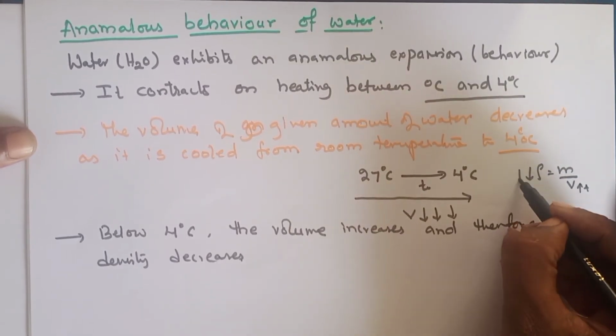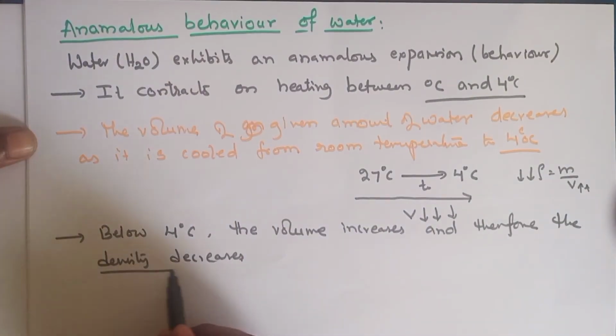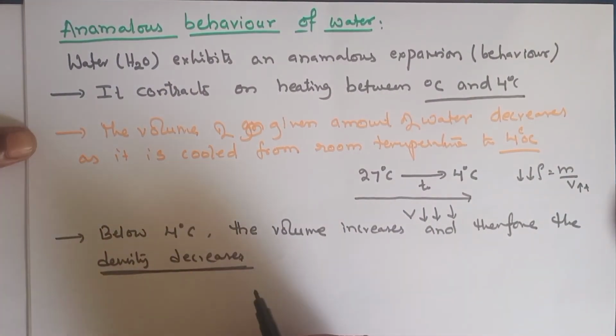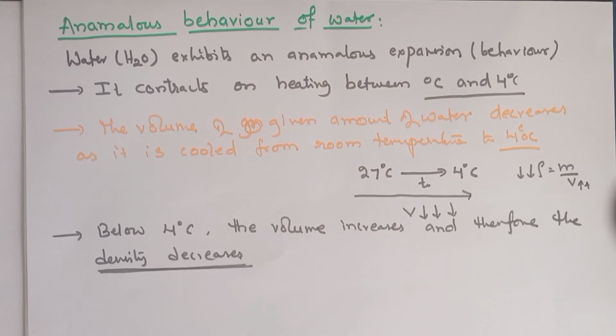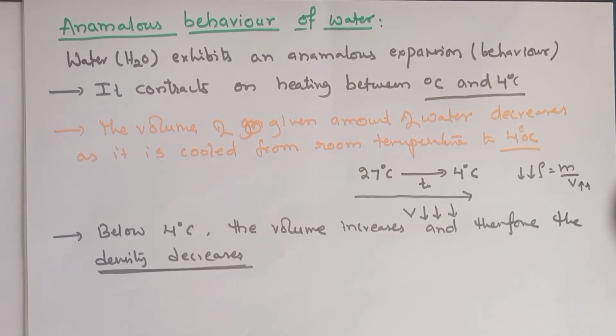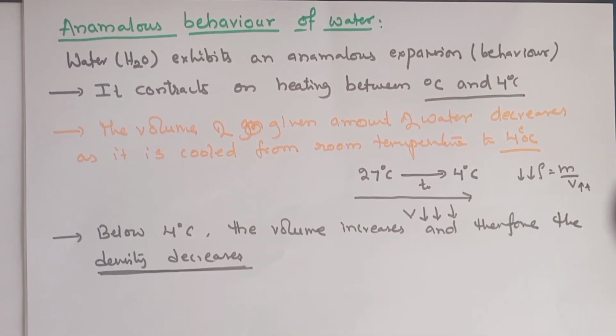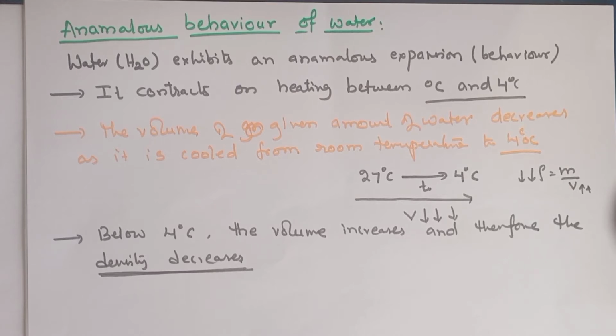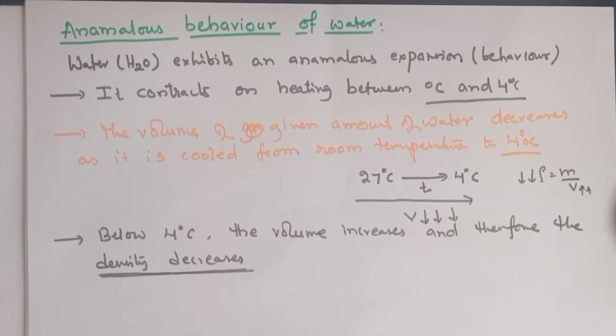So when density is decreased, what are the advantages? Ice is less dense. A wooden material, less dense compared to water, will float. Less dense bodies on water float. This simple phenomenon is working here.